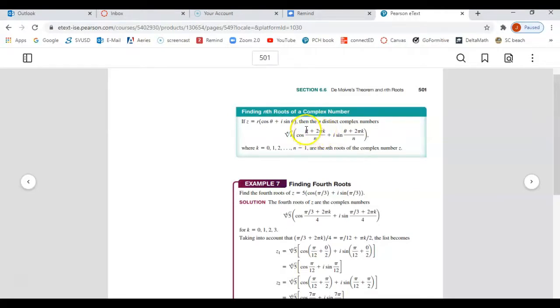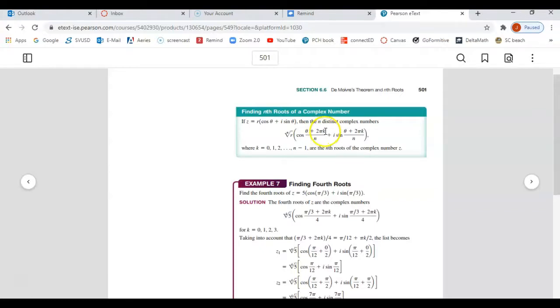So if I have my theta, my angle, and I add 2 pi to that, I'm just getting another answer by taking another lap around the circle. I could add 2 pi 0 times if k was 0, and that just gives me the initial value. I could add 2 pi once if k is 1, and that takes me 1 lap around the circle to give me my second answer.